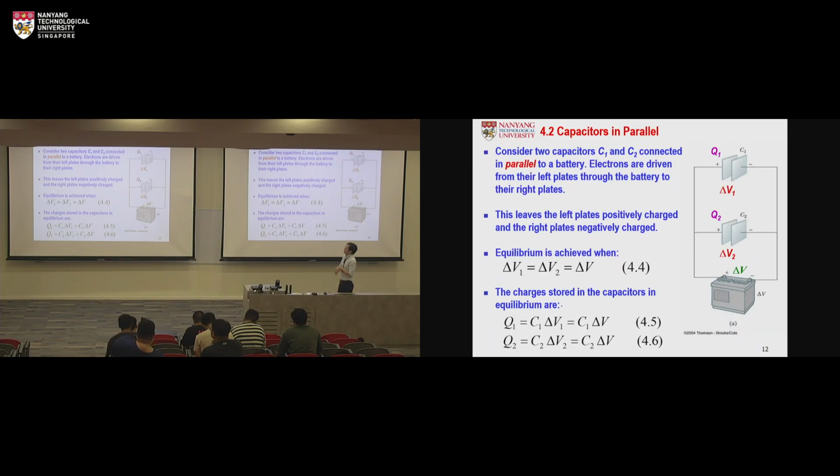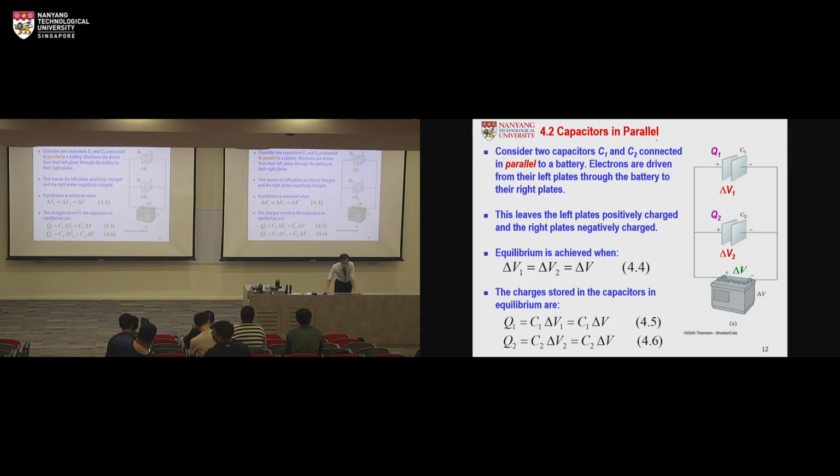Okay, next, once you understand how the charging is done for a capacitor, the remaining topics about how we can determine the equivalent capacitance of multiple capacitors are actually quite straightforward.